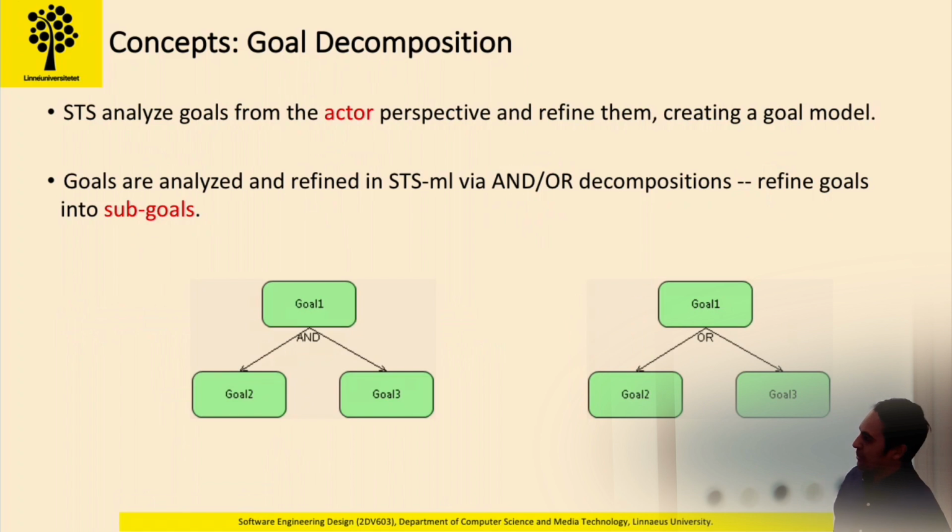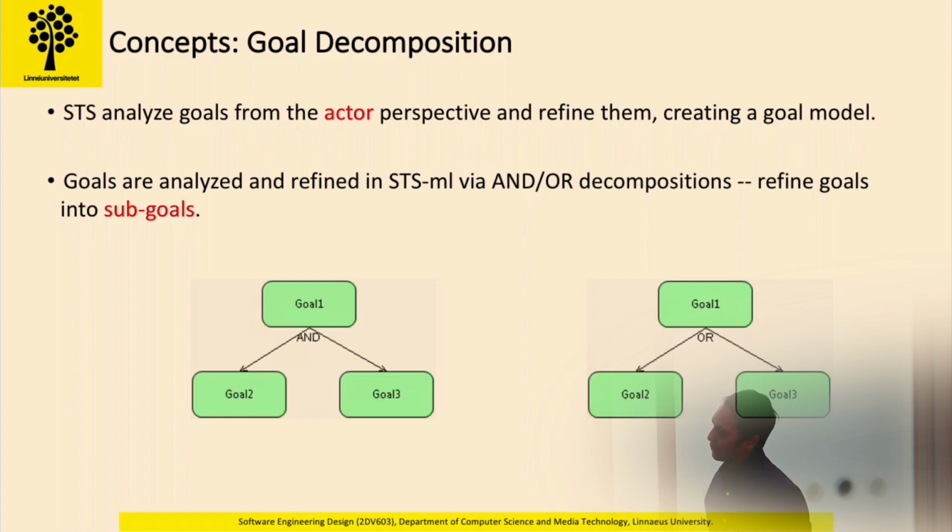Then there is a very important concept of goal decomposition. So basically we can decompose a goal in two different ways: using AND decomposition or using OR decomposition. If we do the AND decomposition of goals, that means to achieve goal 1, we need to achieve both goal 2 and goal 3.